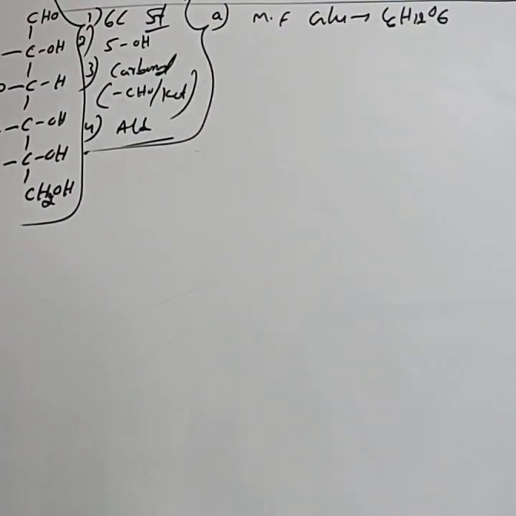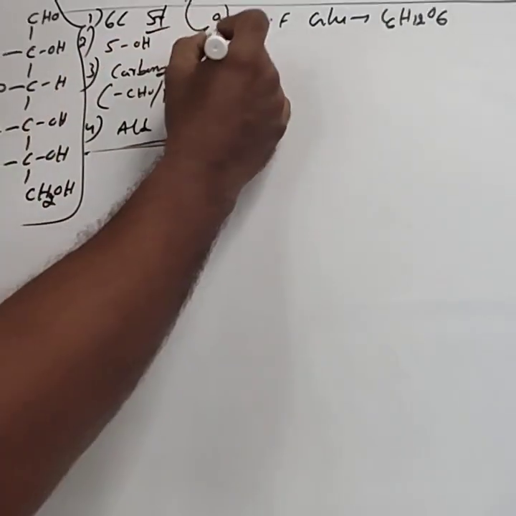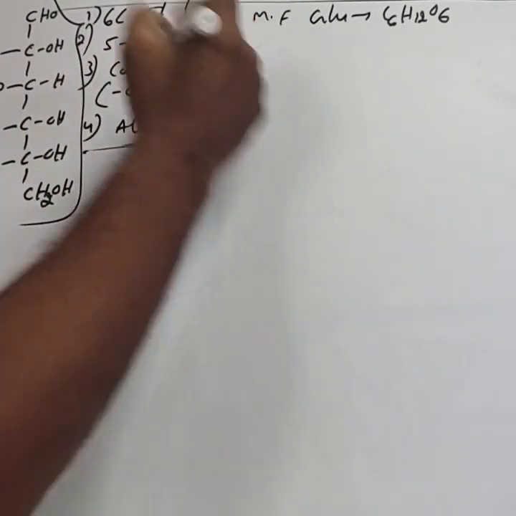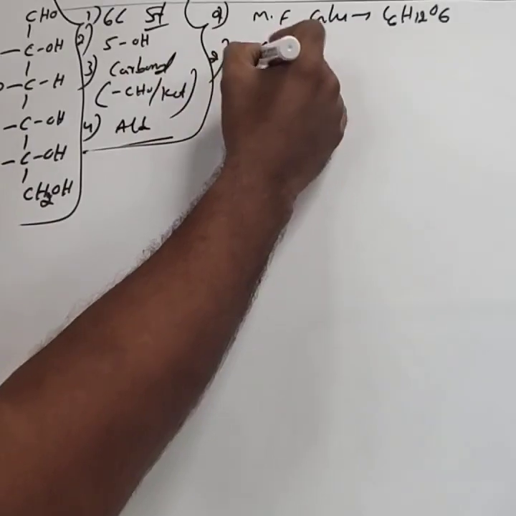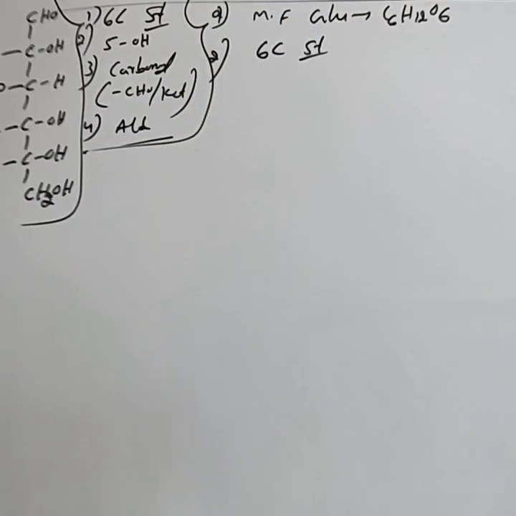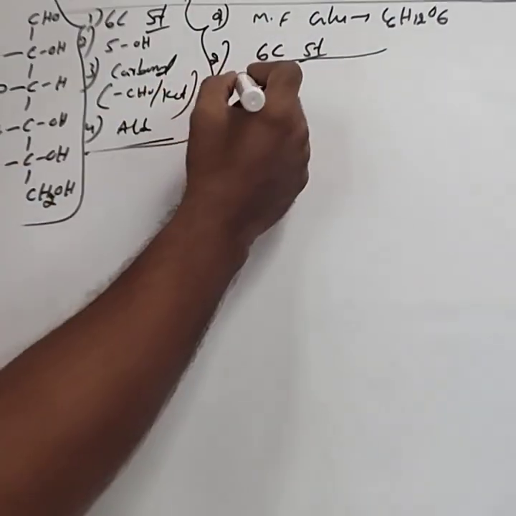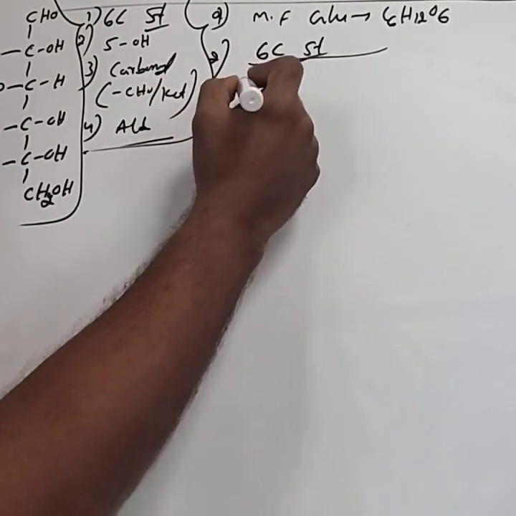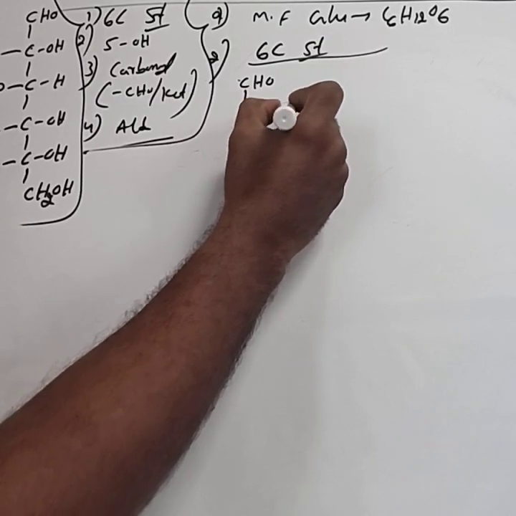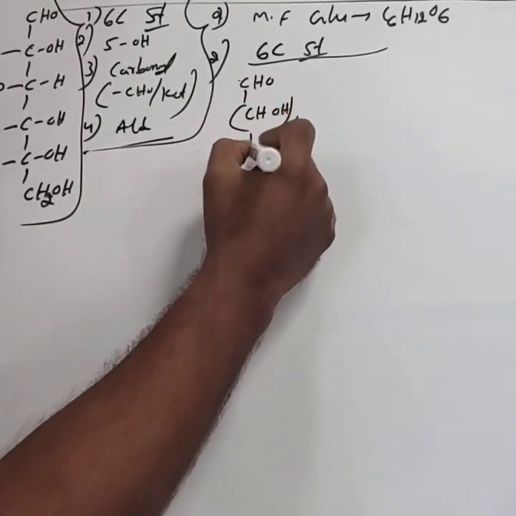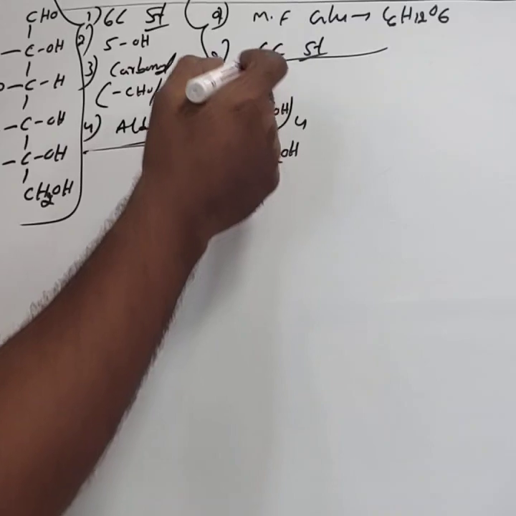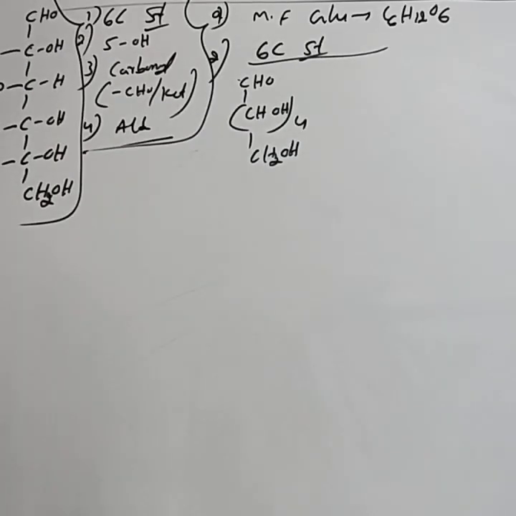Next, glucose contains 6 carbon atoms in the straight chain. For that, assume the structure CHO, (CHOH)4, CH2OH. For our convenience, we are considering this structure.